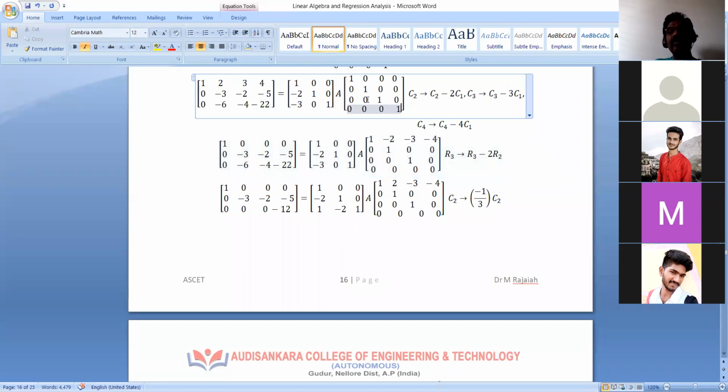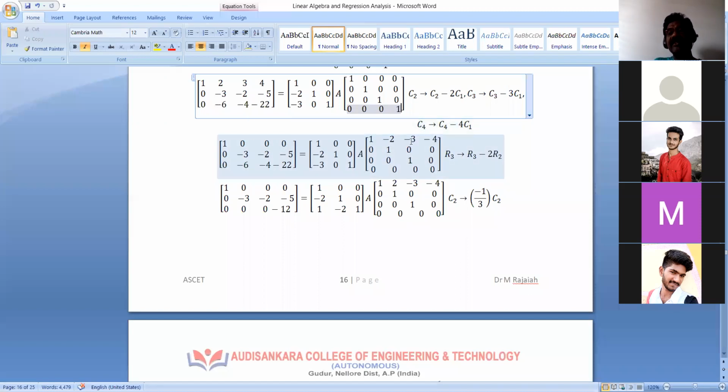into, now applying these column operations on this post multiplier, that is by using column 1 0 0 0, that is the first column. In place of C2, C2 minus 2C1, that is 0 minus 1 into C1, that is minus 2, 1 0 0.